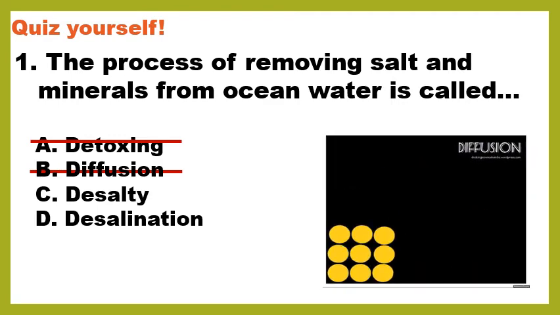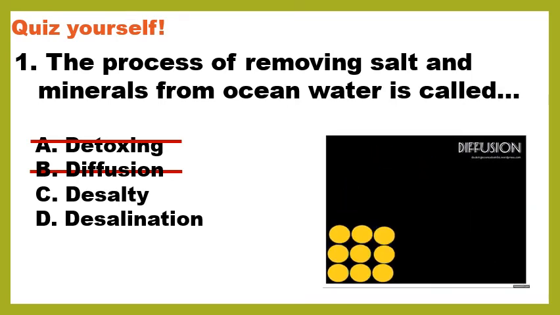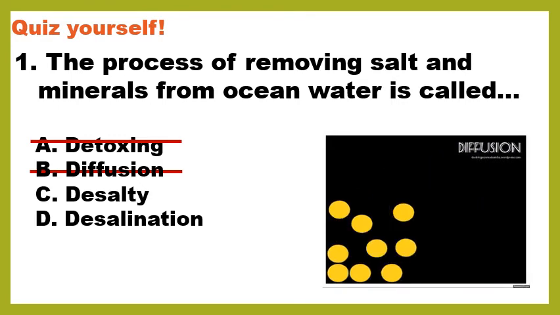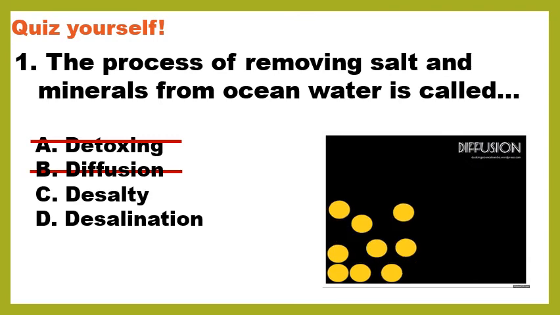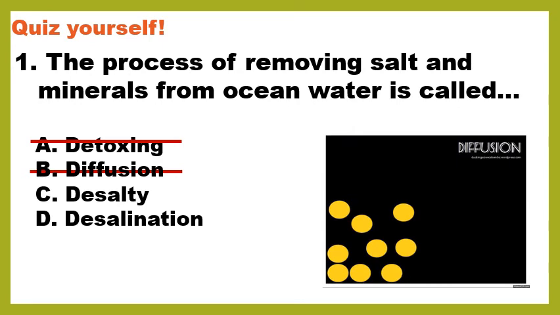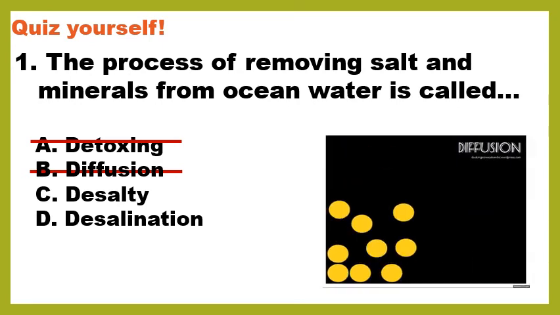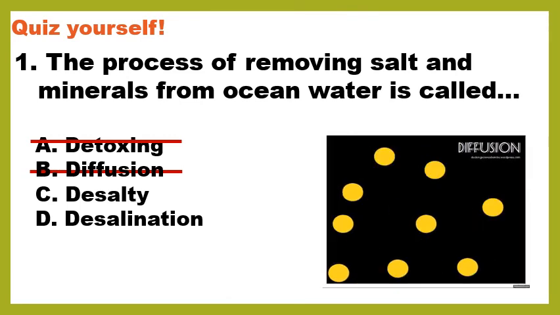So it's the process of molecules spreading out. A good example of this is perfume. When a girl sprays, or a man sprays, perfume in a classroom, and all of a sudden the whole class can smell it, that's because of diffusion. Those scent particles went from high concentration inside the bottle to low concentration throughout the class, and now everybody can smell it. So what do you think the right answer is?